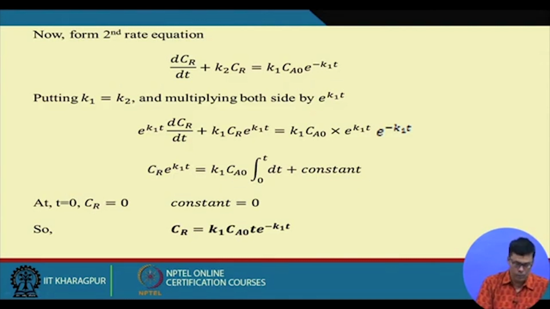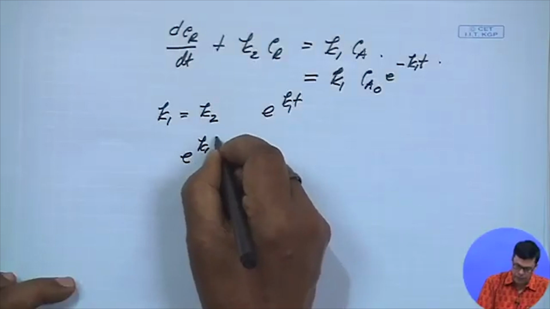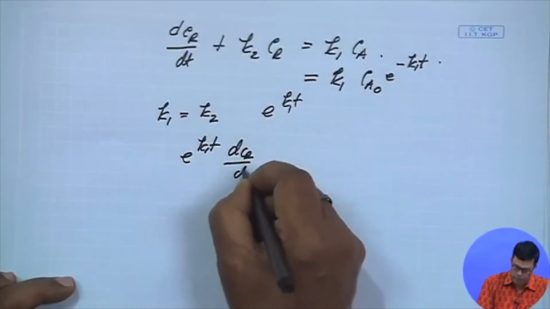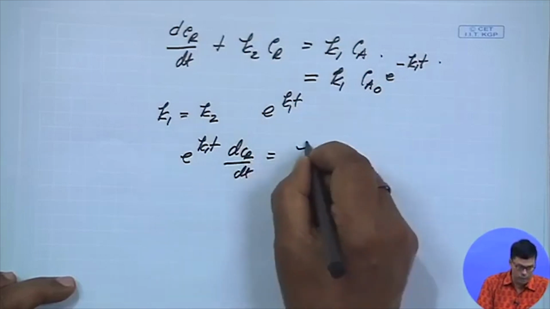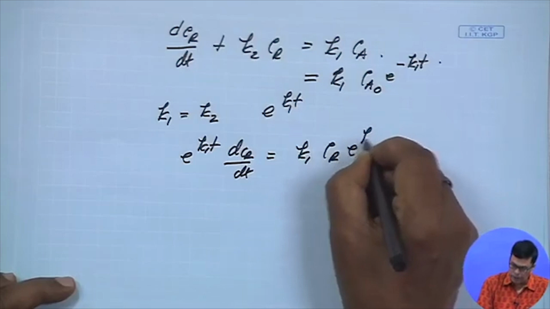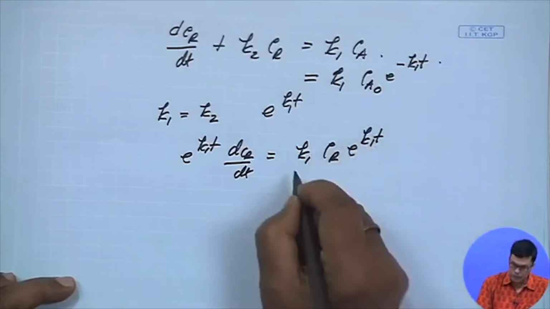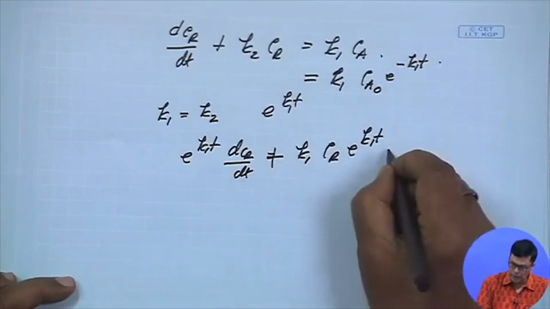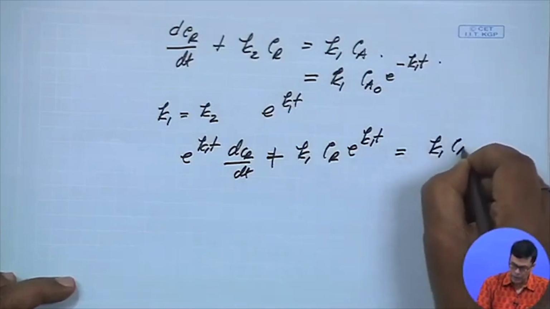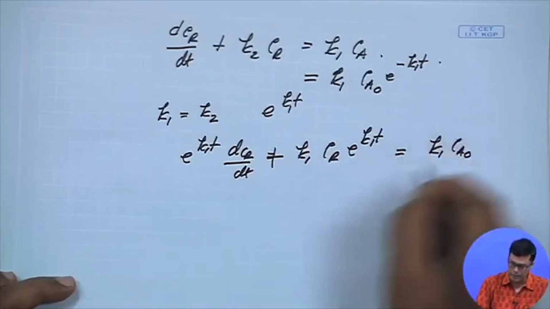So this will be nothing but this equation. If you look at that, e to the power K1t dCr by dt plus K1 Cr e to the power K1t equals K1 Ca0. Am I right? That is cancelled.